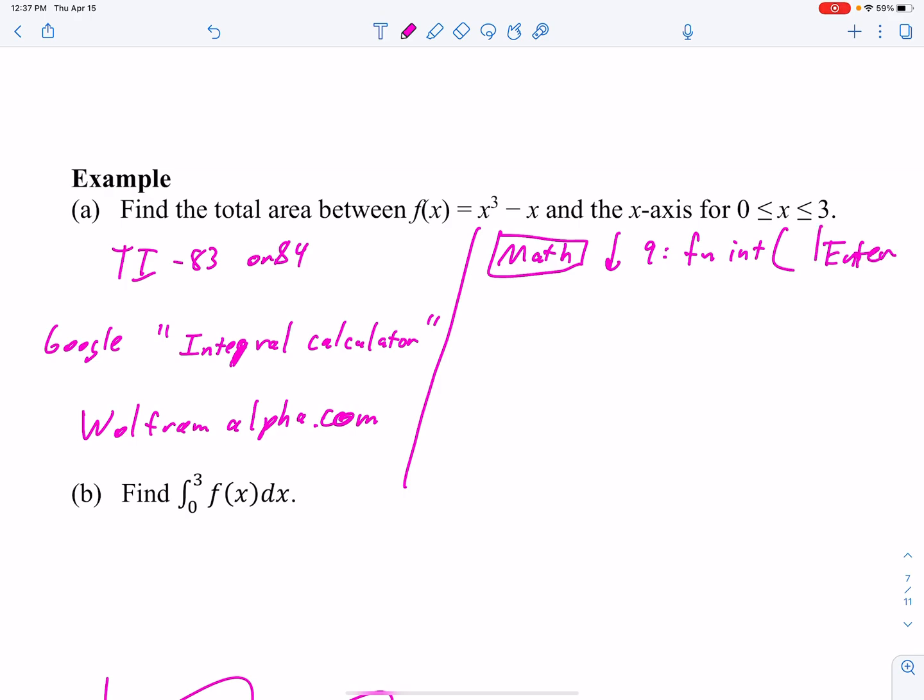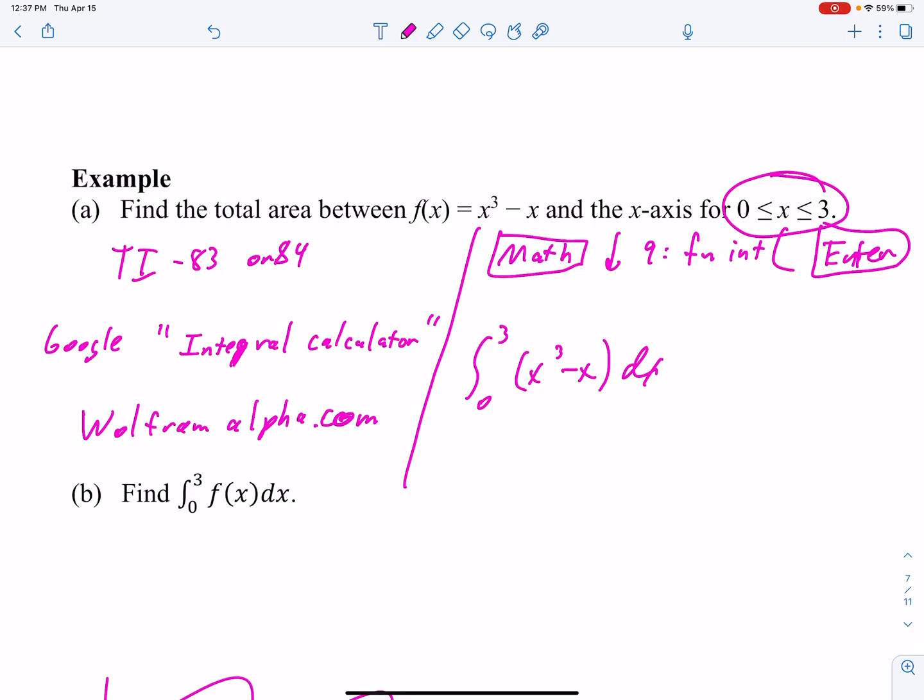And then you'll see it come up, right? It'll allow you to type it in. Okay. We're going to type it in. So it's the integral from 0 to 3, right? There's our x values of the function. So in parentheses, x cubed minus x, dx.